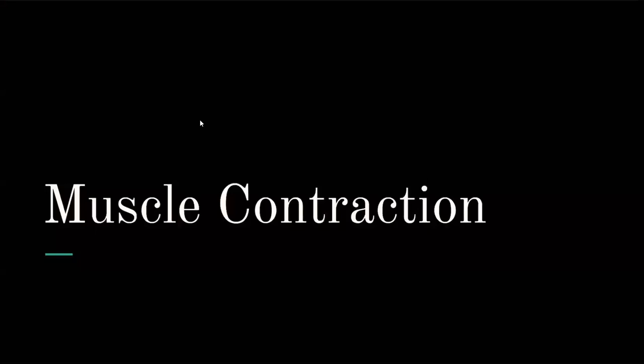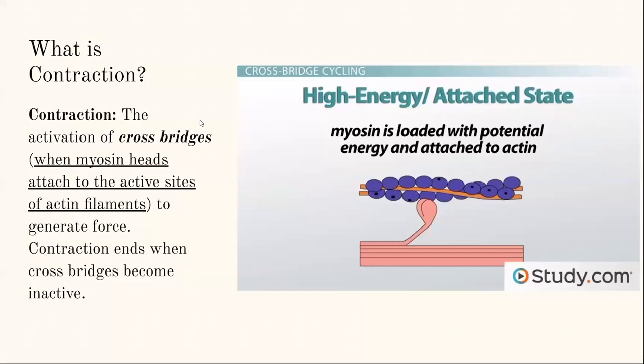Okay, so muscle contraction. What is muscle contraction? Like I mentioned, muscle contraction is the activation of the cross bridges. So the moment that the triple myosin strand, we see here it's in orange, once those active sites are exposed and the myosin head is able to link up to those active sites, it creates a cross bridge.